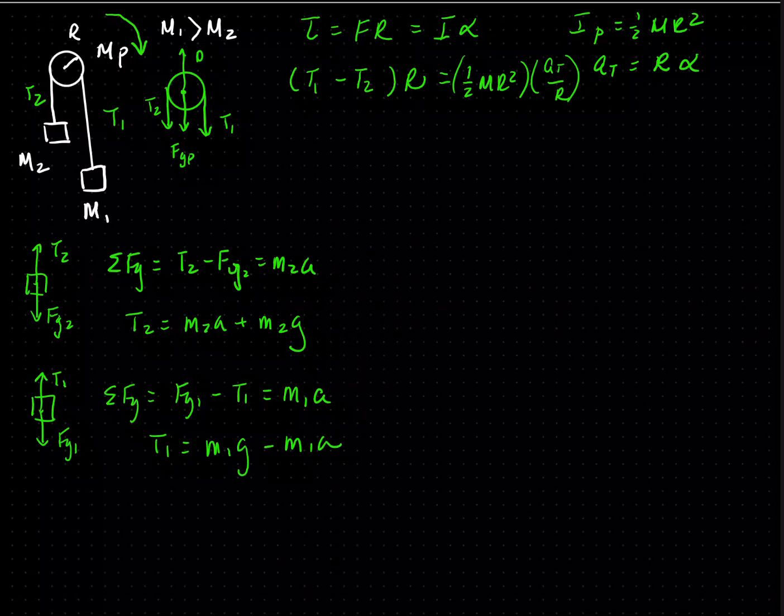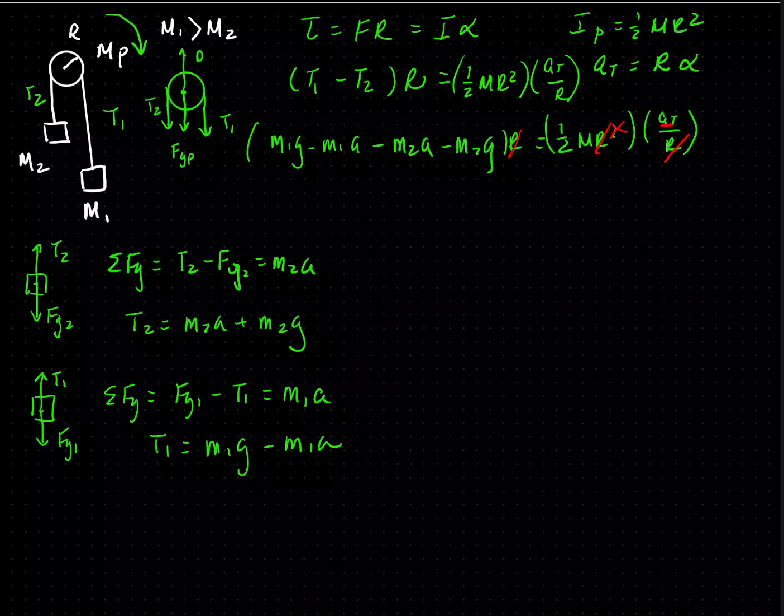So substituting in for T1 and T2, this is M1 g minus M1 a, minus T2, so it becomes minus M2 a minus M2 g, times r equals 1/2 m r squared tangential acceleration over r. And simplify some math. There's an r on the numerator and an r on the denominator. Since this is moving as one, all the tangential accelerations are going to be the same.